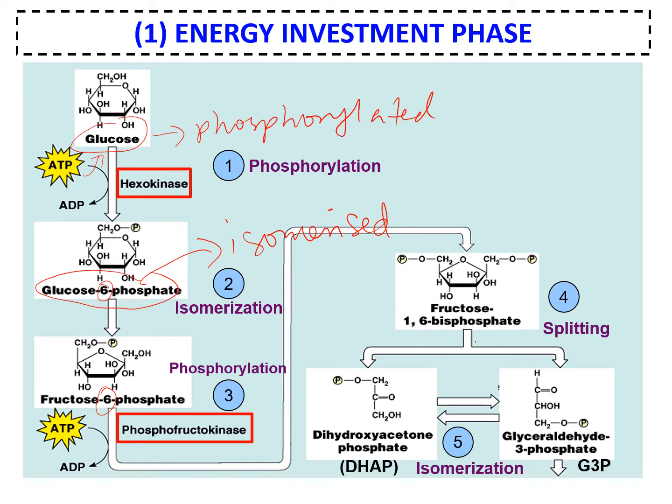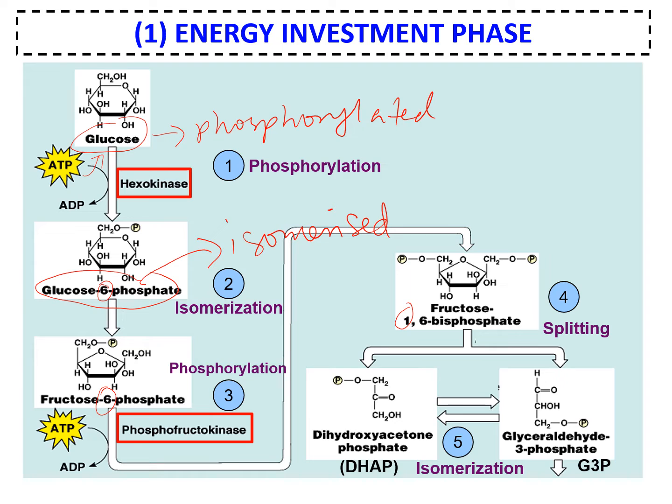The third step is another phosphorylation. Fructose 6-phosphate receives another phosphate from ATP through a phosphorylation process, which will produce fructose 1,6-bisphosphate. The other phosphate from the ATP is bound to the first carbon of fructose 6-phosphate.